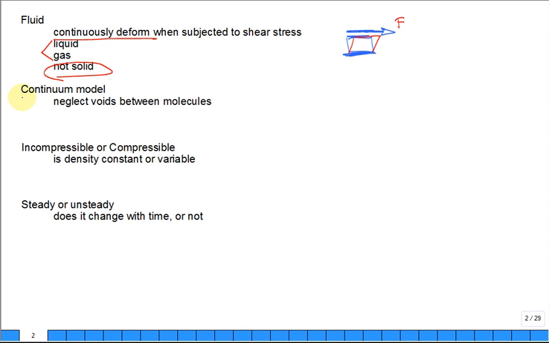All right, continuum model. We know that real material is made up of voids, and little nuggets known as molecules flying around, let's say helium or diatomic oxygen. Those molecules spend most of the time traveling through the void or vacuum until they collide and hit somebody else and bounce off a solid surface or another oxygen molecule.